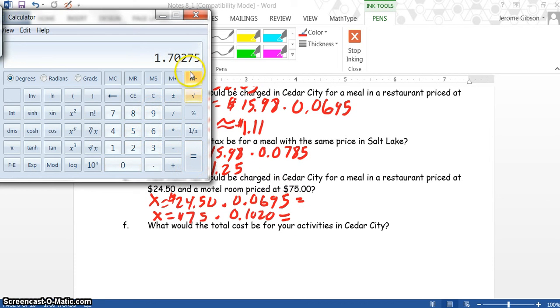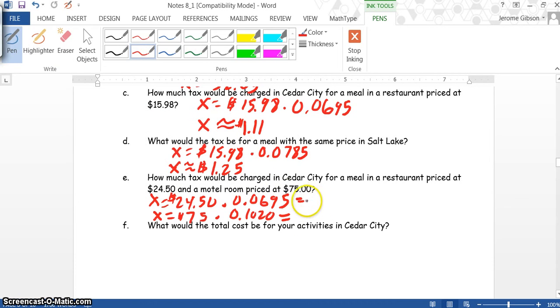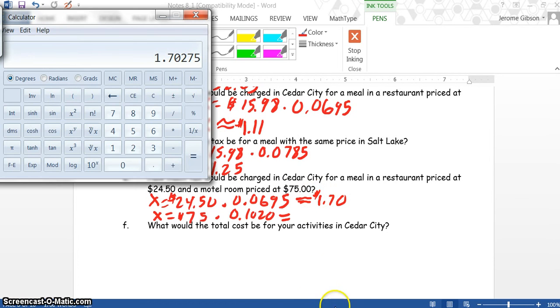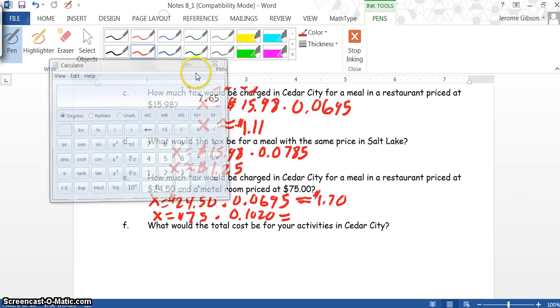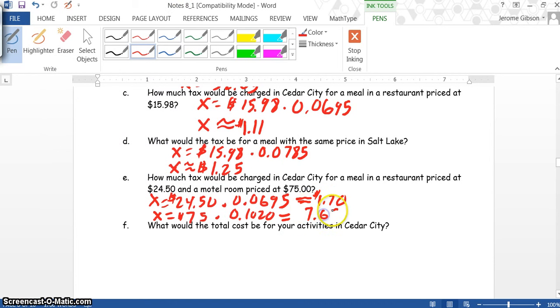That will give us approximately $1.70. Now we go to the next value here. We would take 75 times 0.1020, which gives us $7.65 exactly.